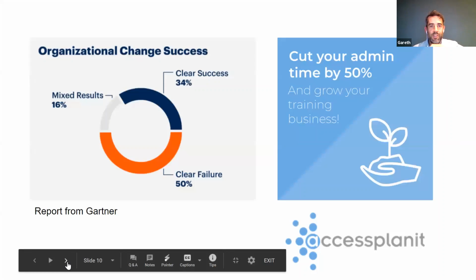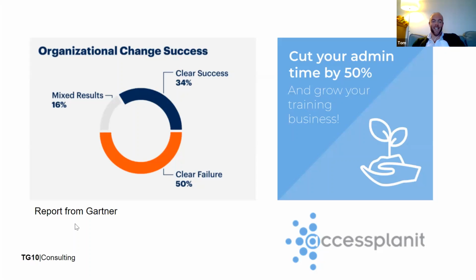I think on this slide there's quite a scary stat. Yeah, there is. I suppose it's those two numbers joined together, isn't it? The mixed results and the 34% from the 50% from clear failure.